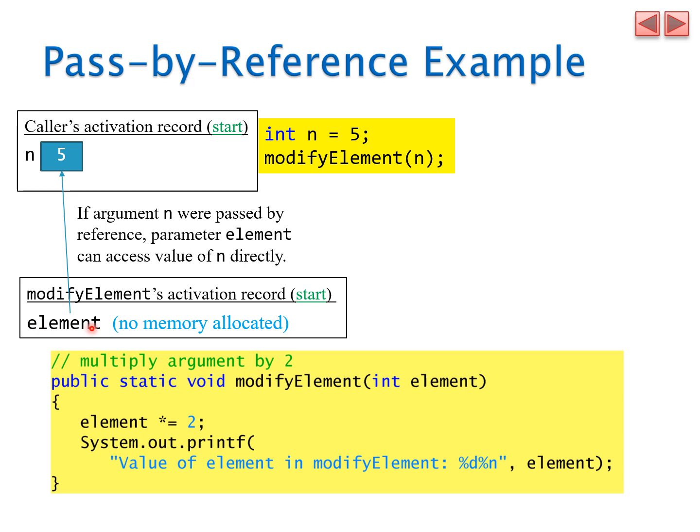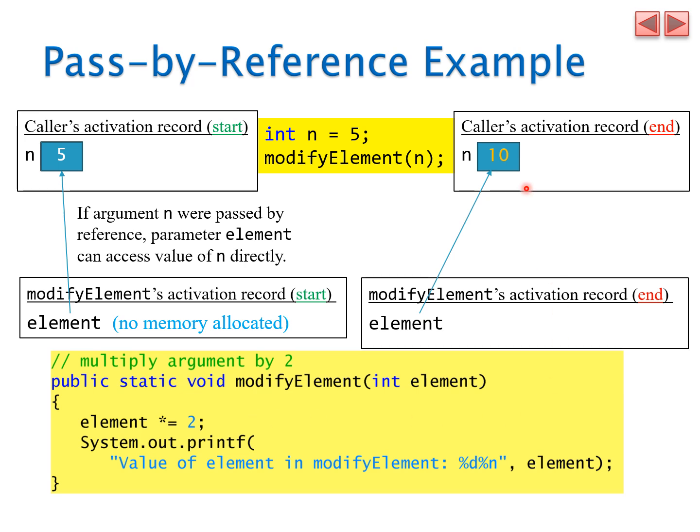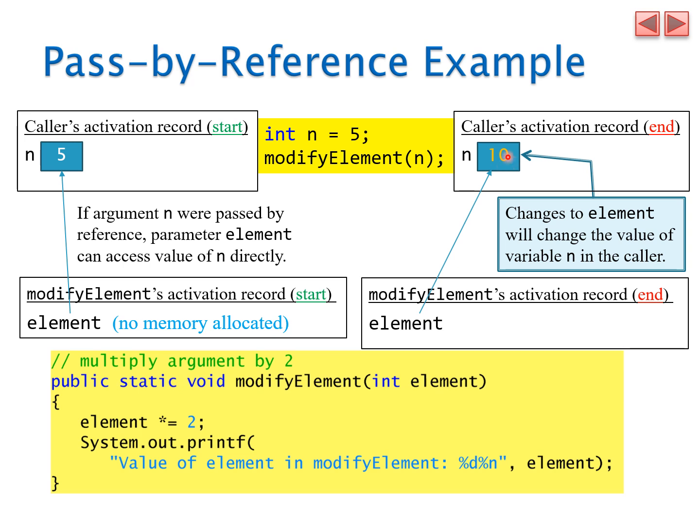Okay, so it's the same allocation but with two different names. So any change to the parameter element in modifyElement will also change the value of the variable n in the caller. So when the element parameter is changed from 5 to 10, so is the variable n in the caller.